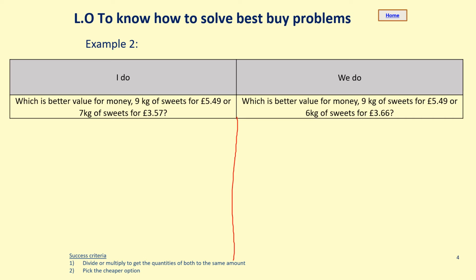So if we start off by writing down both those deals, it's going to be 9 kg, which is 5.49, or 7 kg for £3.57. And again, I'm going to find out the price of 1 kg in both of these.